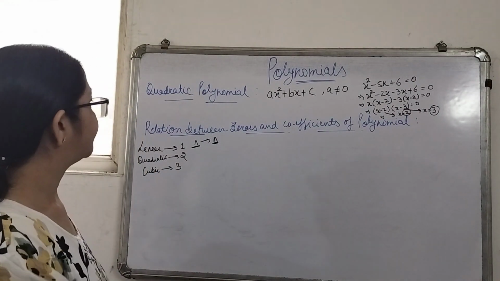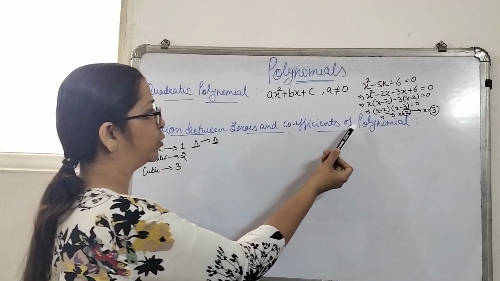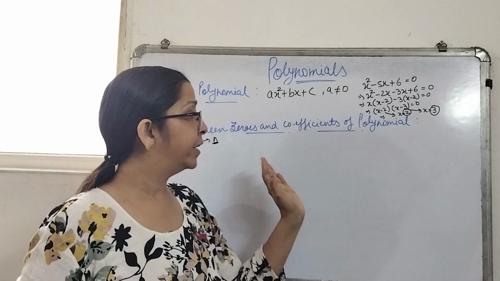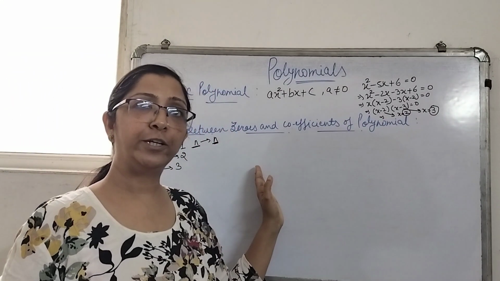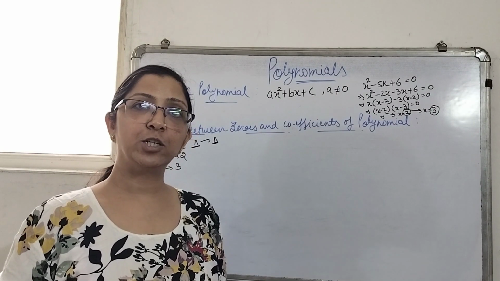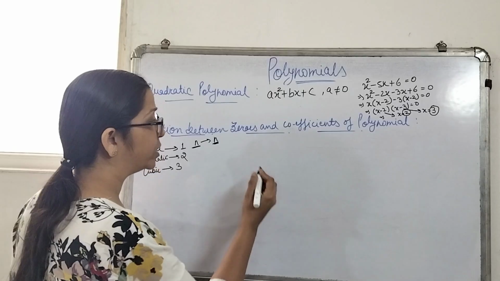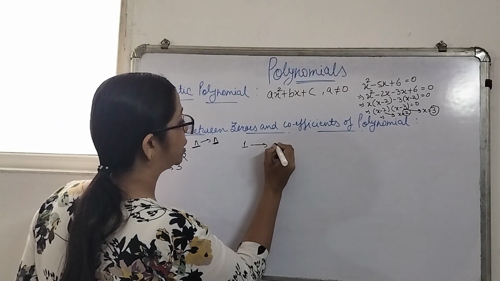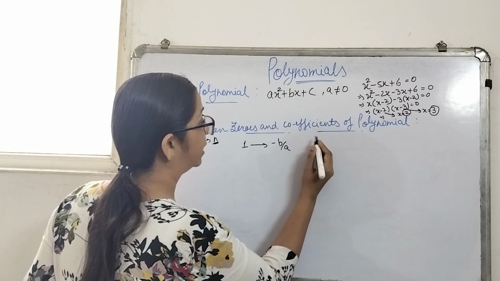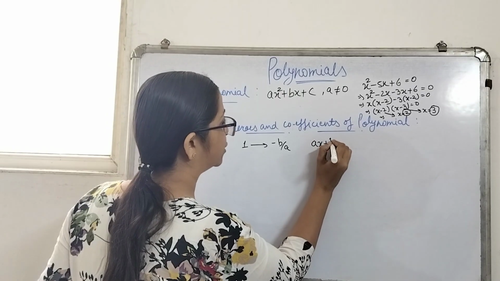Now let's see what is the relation between zeros and coefficients of a polynomial. Here we will be talking about quadratic polynomials. For a linear polynomial, we have just discussed that there is only one zero, and the value of that zero will be minus b by a if your polynomial is ax plus b.